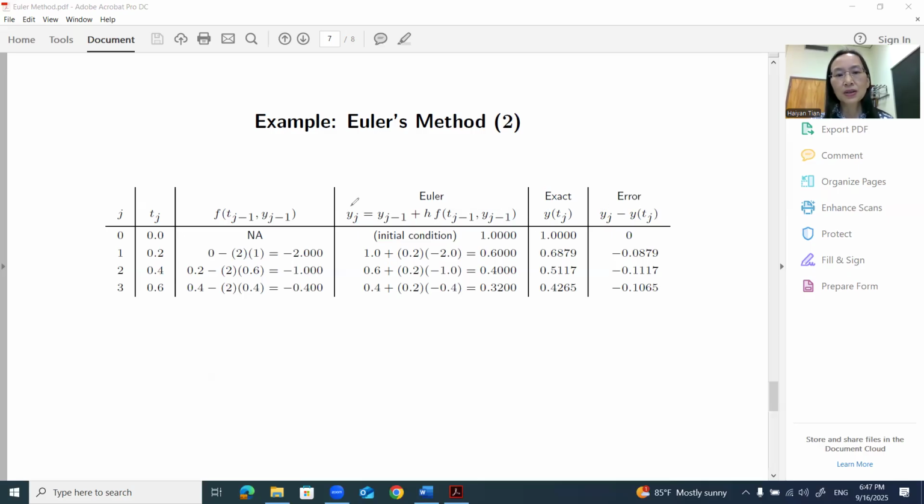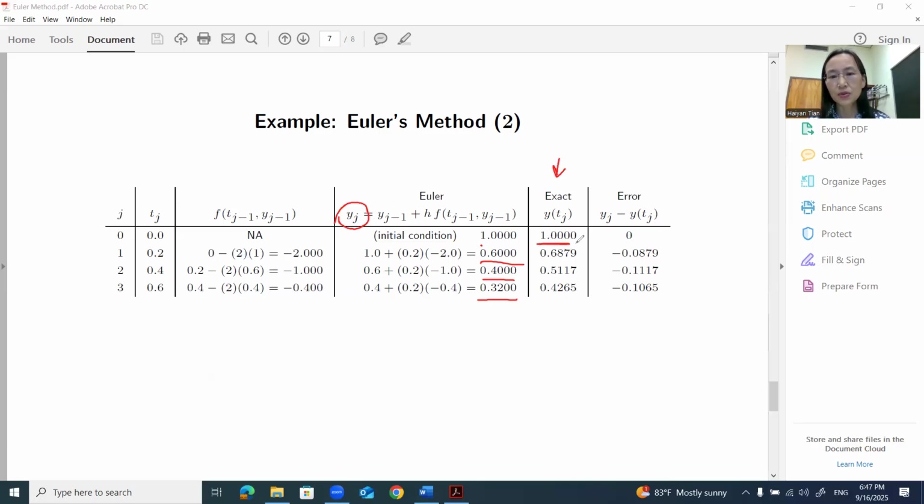So this column shows the approximate solutions, and this next column shows the exact solution.